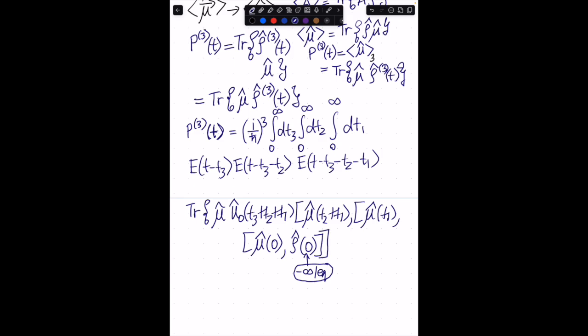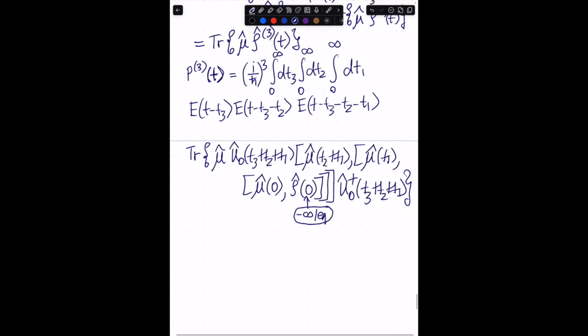Then you close the commutators, and you also have the u hat dagger t3 plus t2 plus t1. Now we shall recall a property of the trace which we learned in the previous class, that the trace is invariant to cyclic permutations.